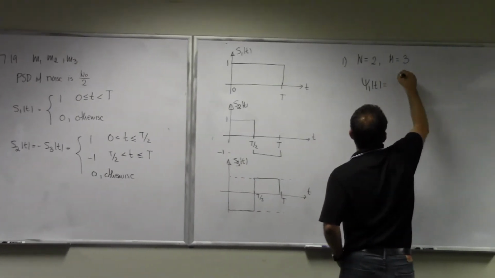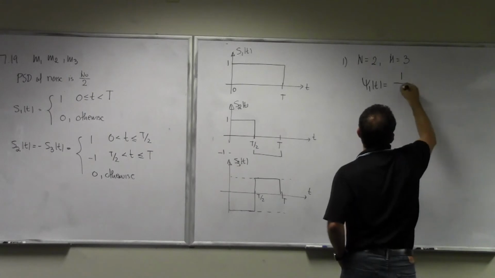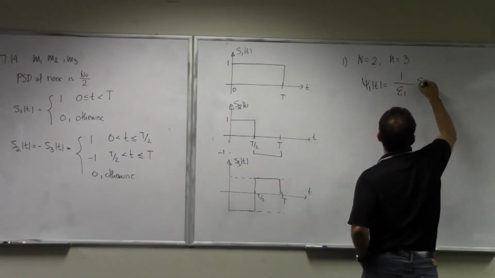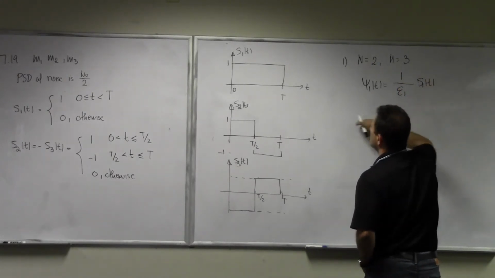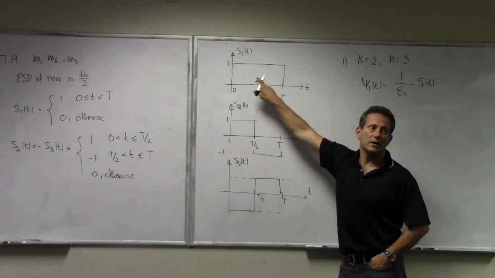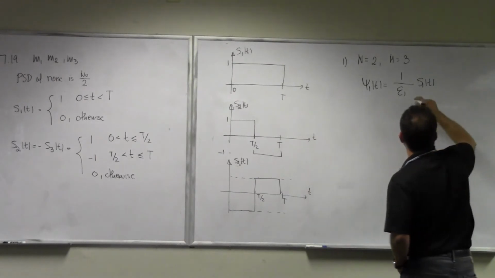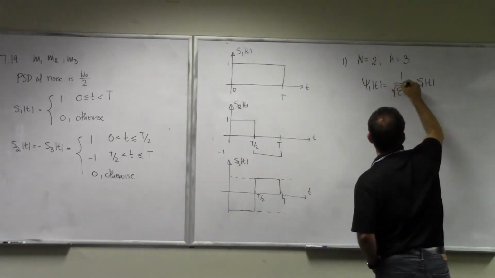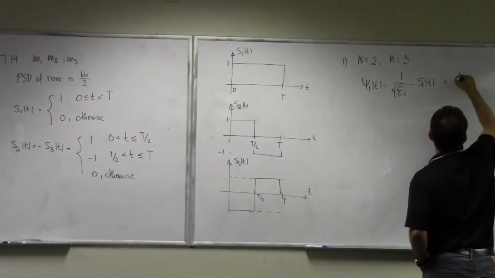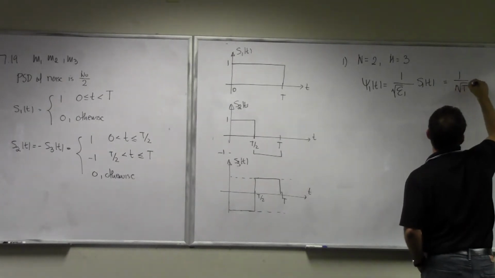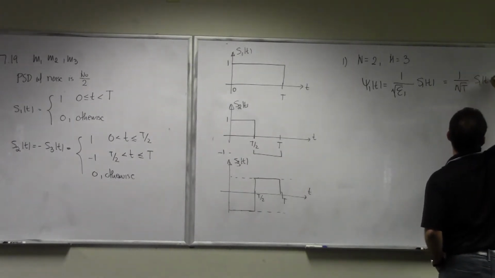I'm going to say that this is 1 over square root of energy 1 times S1 of t. What is the energy of this guy? Well, if I square it and integrate it, this is T. So psi 1 is going to be 1 over square root of T times S1 of t.